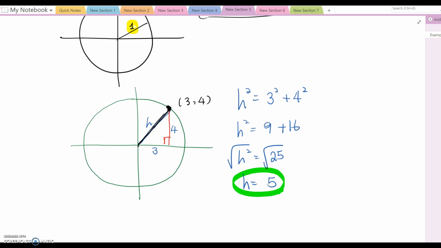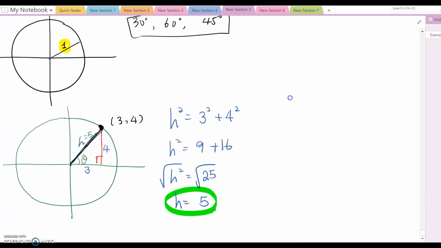So this case becomes 5 here. Then based on this fact, how can we determine sine, cosine, tangent, also secant, cosecant, cotangent? So always we make this the given angle value here.